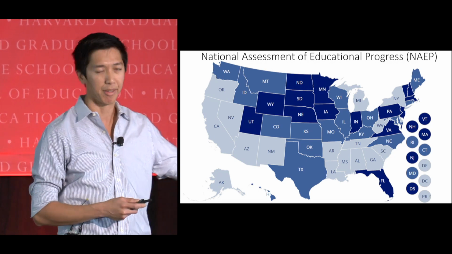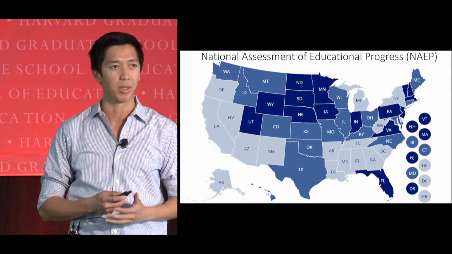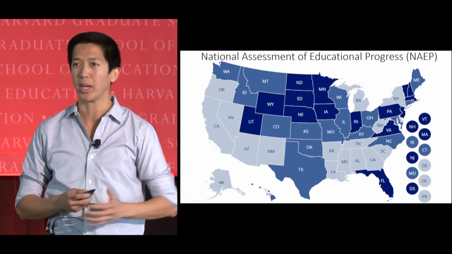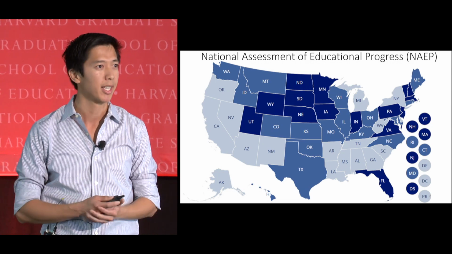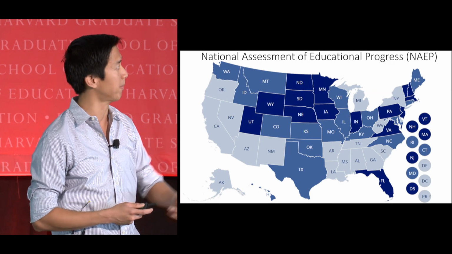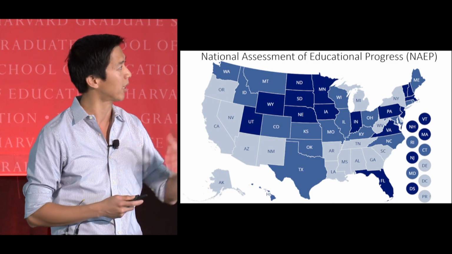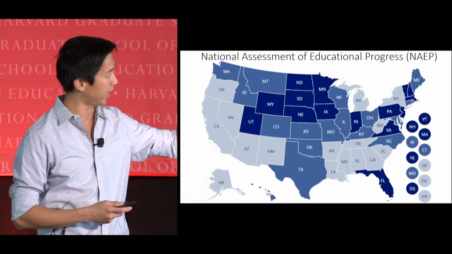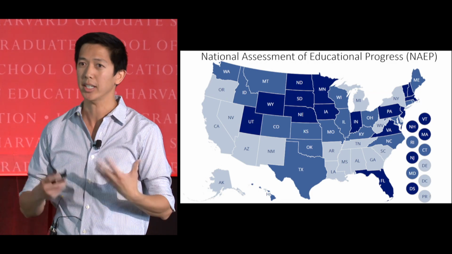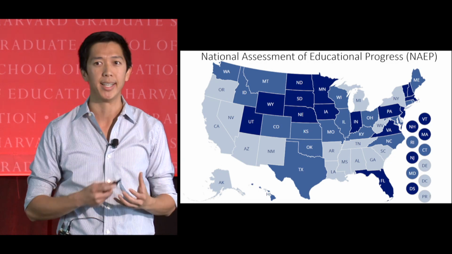Every 2 years in reading and mathematics, grades 4 and 8, they release scores that are comparable across states. Here you see grade 4 mathematics scores just released this past spring. You can see, for example, that in dark blue, states like Massachusetts and Minnesota and Iowa are scoring a little bit higher. And in the lighter colors, California, Nevada, Arizona, and New Mexico are scoring a little bit lower.